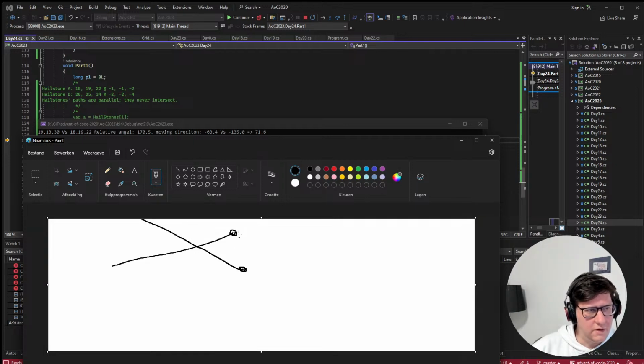Because this one relative to this one should be at... I calculate this as 170 degrees. That's a bit weird. This one to this one is 170 degrees, sure.